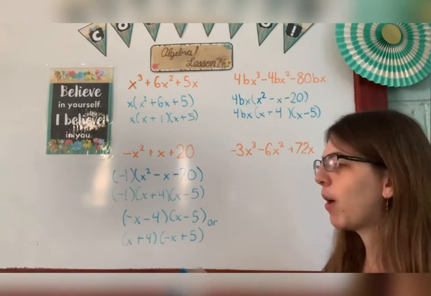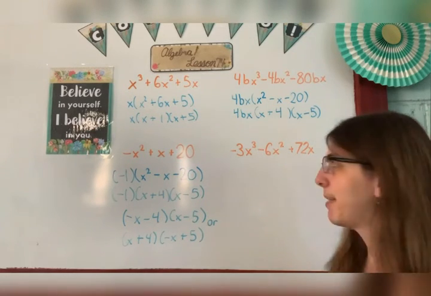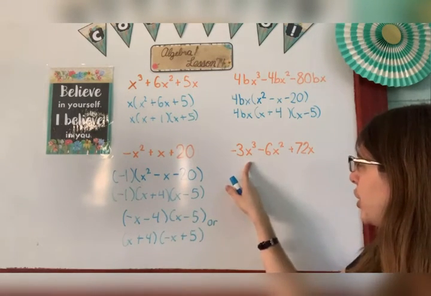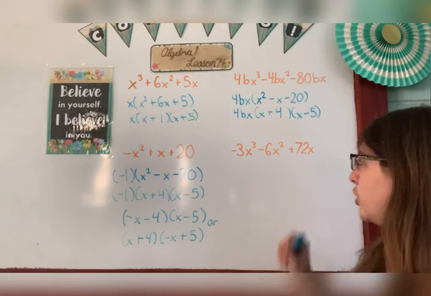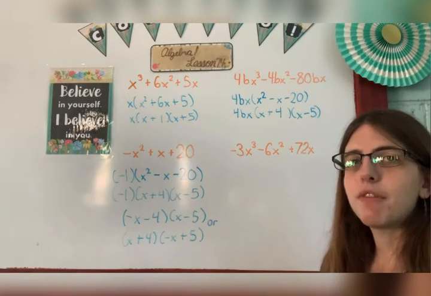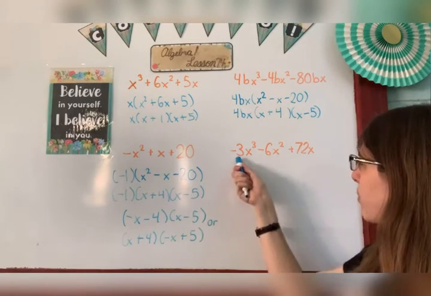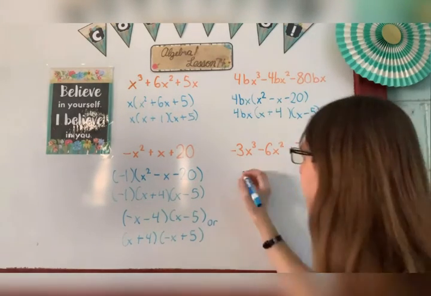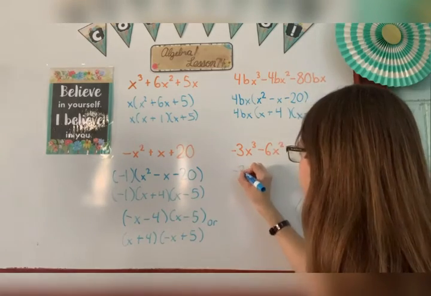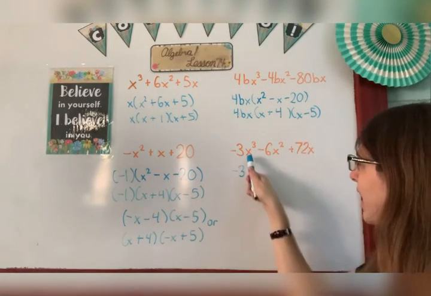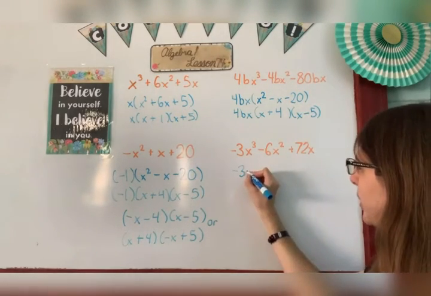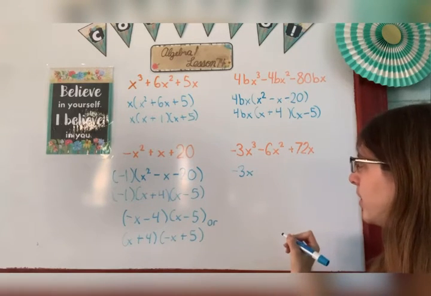Now, let's do the last one before we go to the second part of the lesson. -3x cubed minus 6x squared plus 72x. Let's find our greatest common factor. Well, I want to get rid of that negative, and 3 is a factor of each one of these, so my numerical greatest common factor would be -3. They each have an x. The greatest number of times it's used by all three of them is once, so -3x.